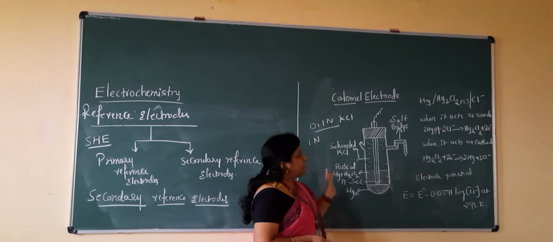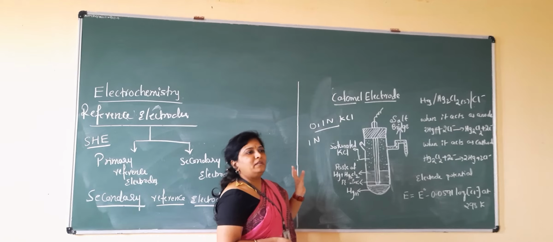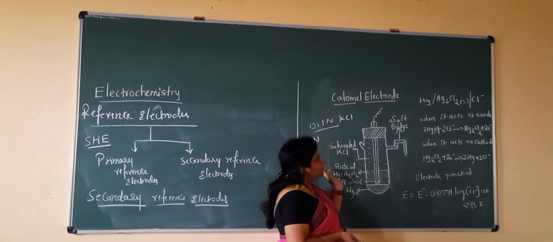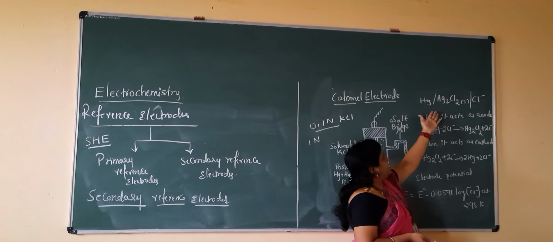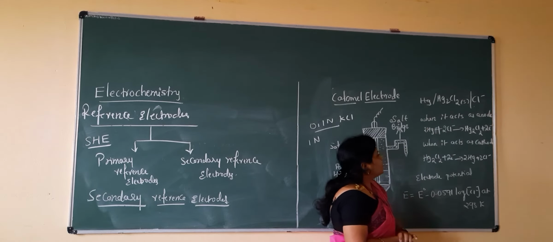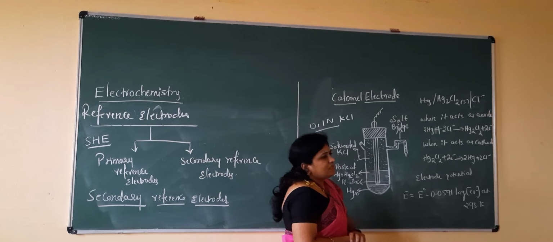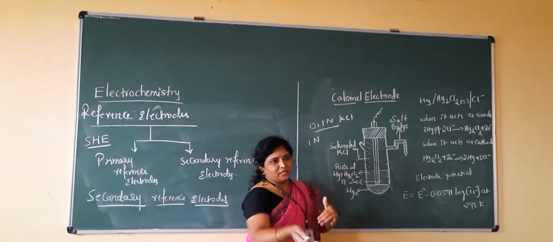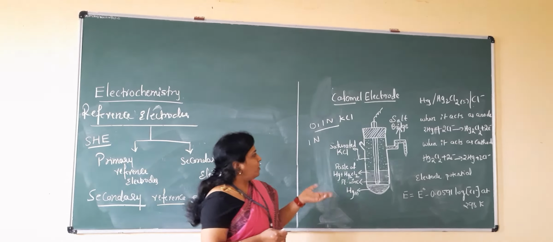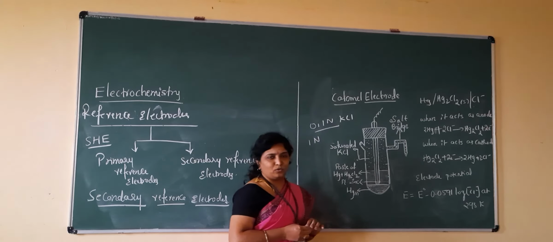Now we have to understand how the calomel electrode works. Here the calomel electrode is represented like this: Hg, Hg2Cl2, Cl minus. Now how does it work? Depending on the nature of the other electrode which is connected, it can act as an anode and it can act as a cathode also.